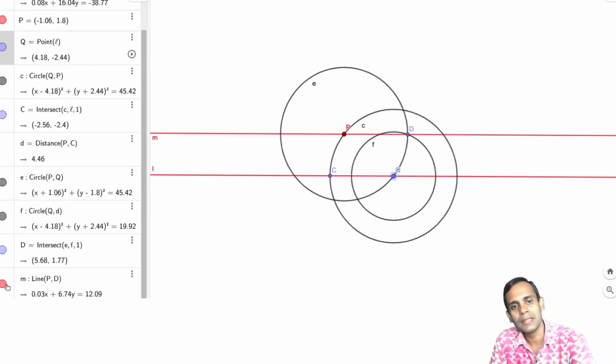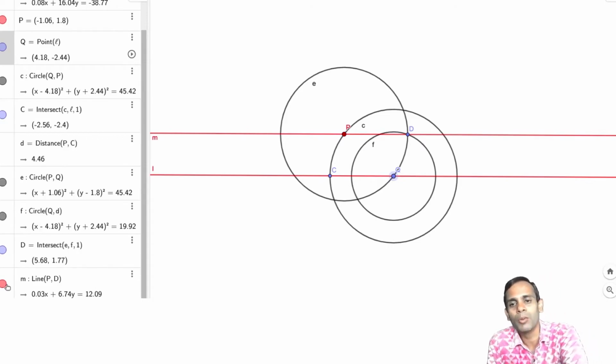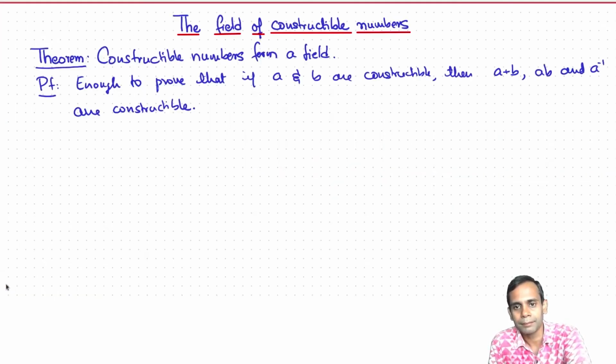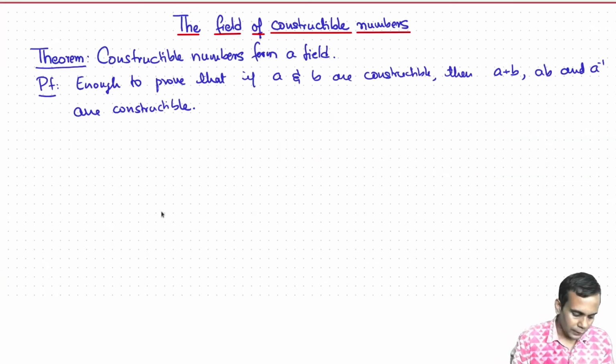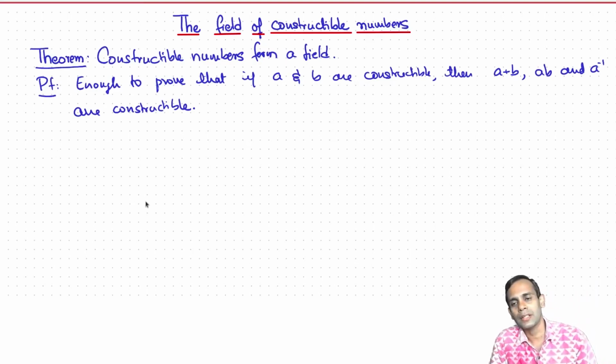So with this construction, you see that it's possible, given a line and a point not on it, to draw another line that's parallel to the original line and passing through the given point. Now we'll use this construction of parallel lines to construct products AB and A inverse.